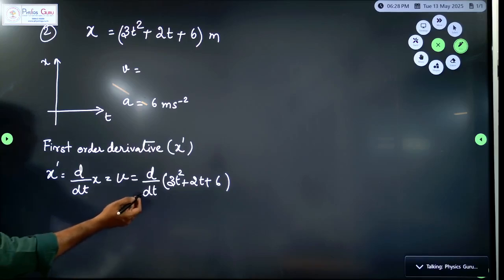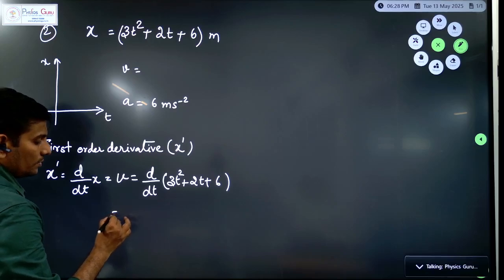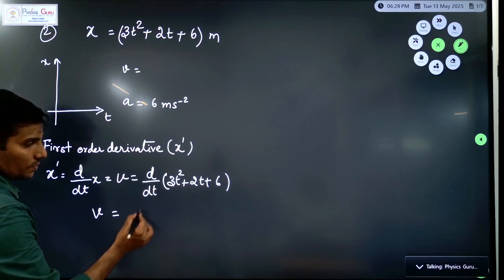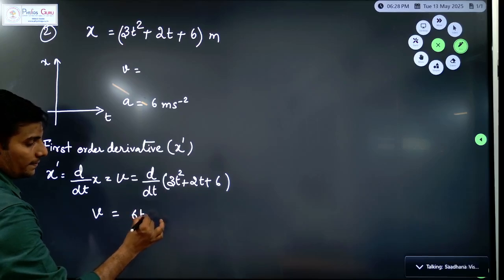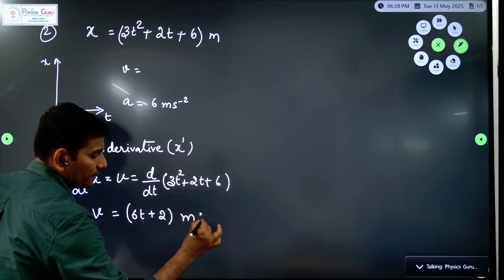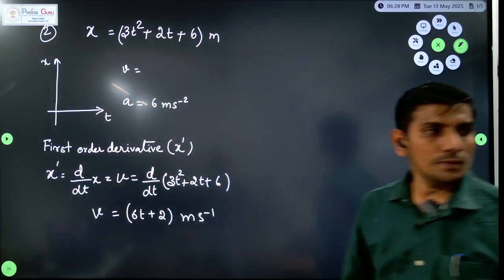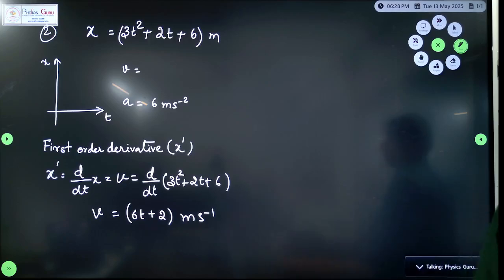As usual, you can bring this inside and then remove. So the first order derivative, v is equal to 6t plus 2 meter per second. Okay, did you get it? How did that come? Good.